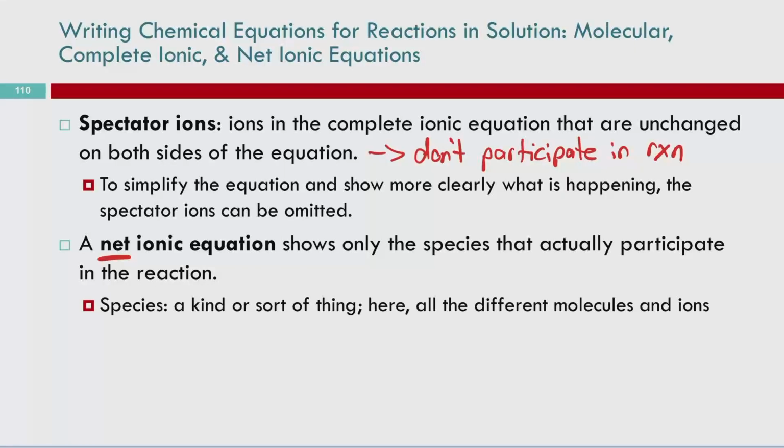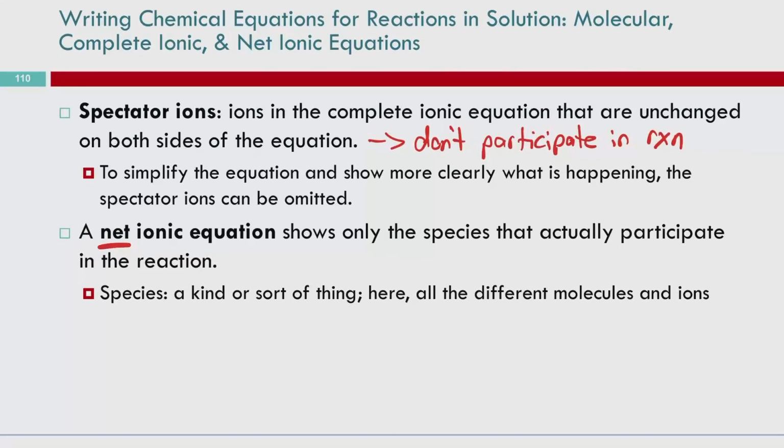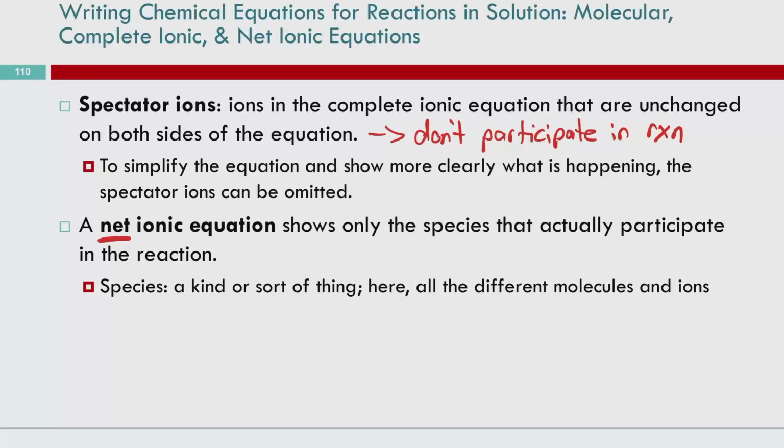If you've ever worked a job, you probably have some experience with net versus gross. Your gross pay or your complete pay, that's the amount that you're actually getting paid. Your net pay, that's the amount that you actually get to keep. This is once all the taxes and fees and stuff have been taken out. Your net ionic equation is the same idea. We've taken some stuff out.